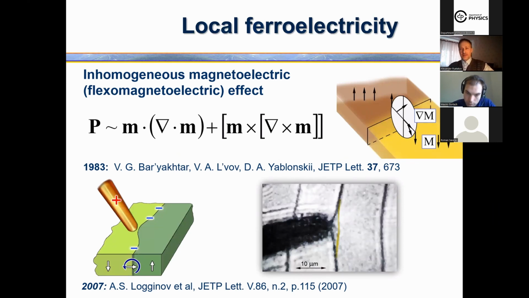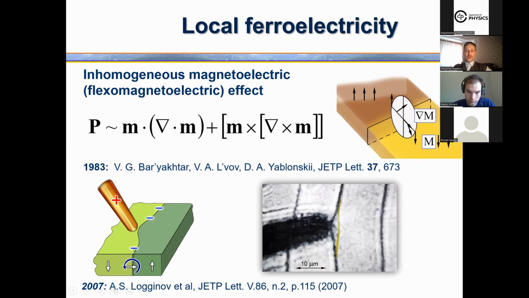In this context, we can observe also the domain wall. The domain wall is a kind of fragment of the spin cycloid. So locally, the magnetization rotates, and there is spatial modulation of magnetization, and locally the inversion symmetry is broken. So the domain wall can behave like an electrically polarized object.